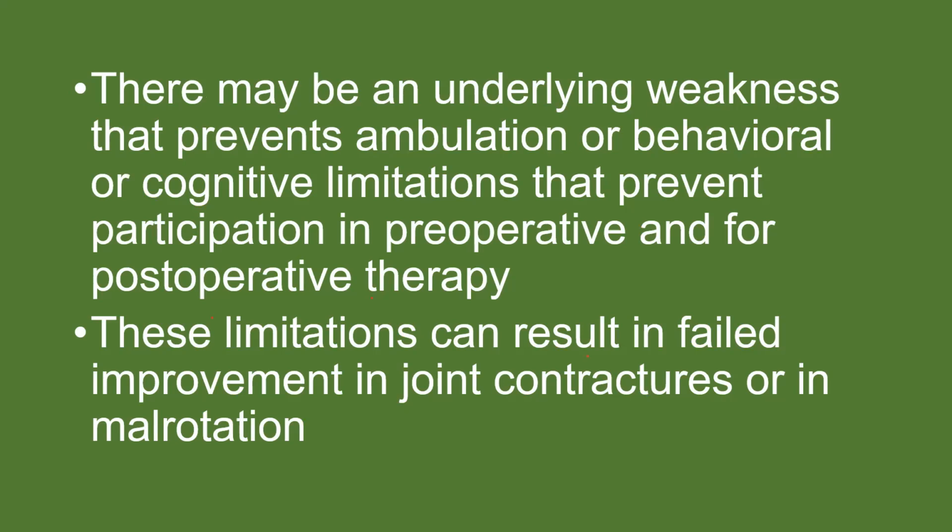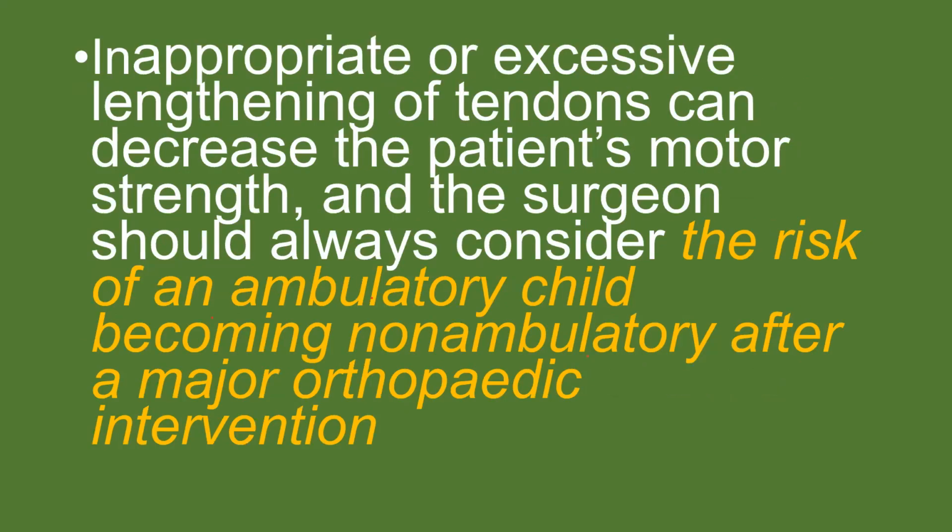That is, when you have these, they won't allow improvement. Inappropriate or excessive lengthening of tendons. Not every patient with a little spasm should have his tendons lengthened. I would stress one important point. You should not over lengthen tendons, because you will be doing more harm than benefit.